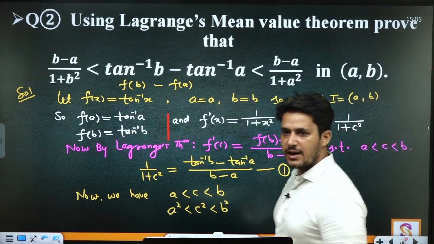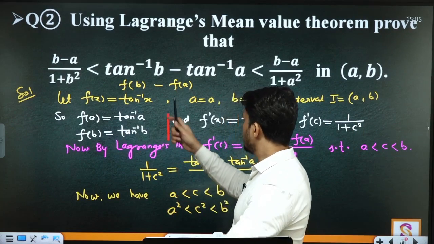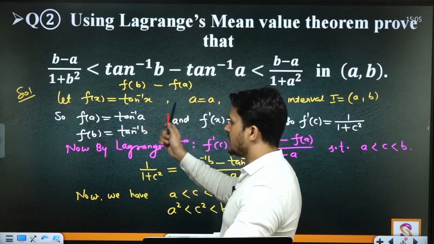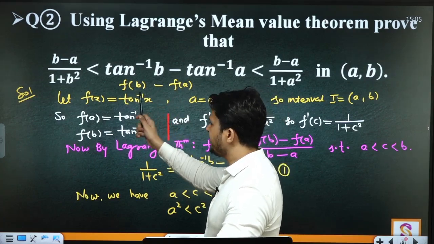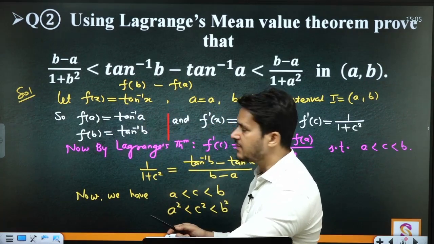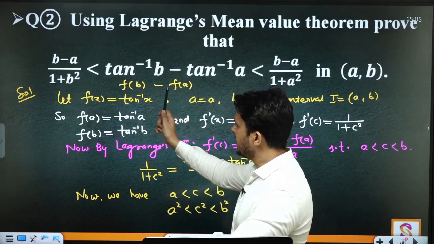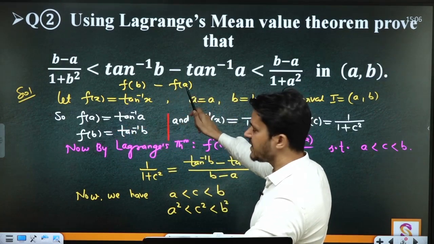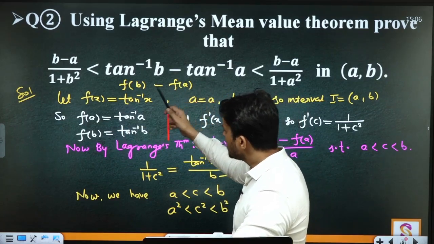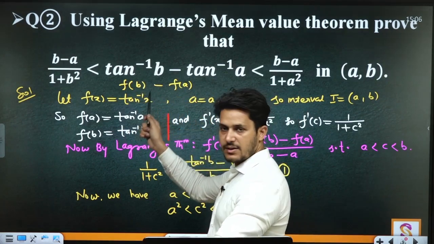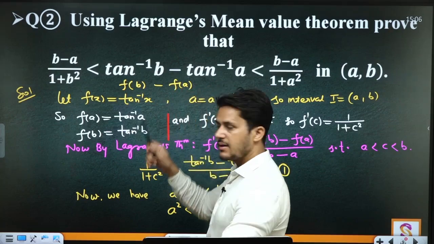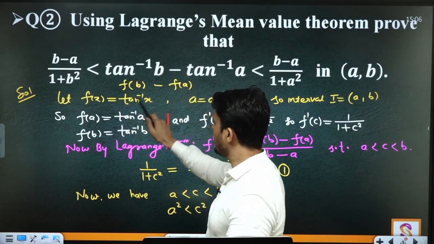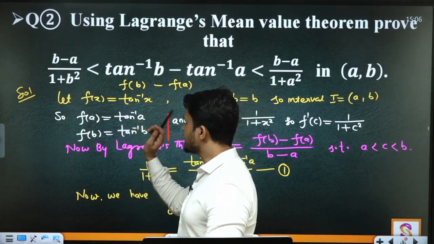तो फॉर्मेट क्या है? फॉर्मेट इज दिस, you have to compare the middle term with the help of fb minus fa. fb क्या होगा? tan inverse b, fa क्या होगा? tan inverse a. तो आप ये समझिए कि जो वैल्यू चेंज हो रही है, जैसे यहाँ b है, यहाँ a है, वो इंटरवल बनेगा, और जो फंक्शन फिक्स्ड है वो फंक्शन होगा. मींस tan inverse इज द फंक्शन.